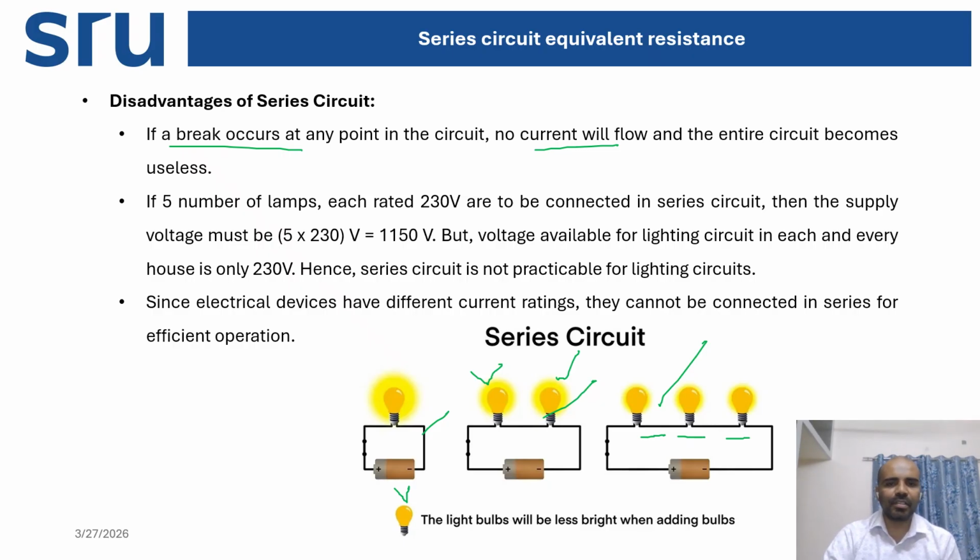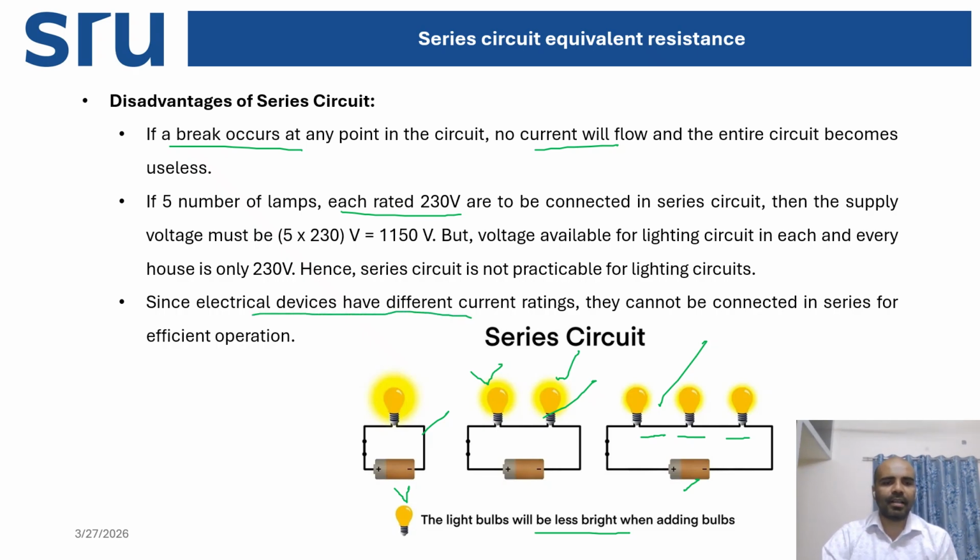As a result, you need to apply more voltage to maintain the glow of the bulbs. If you connect bulbs with a constant rated voltage of 230 volt, then the glow of the bulbs will decrease if you connect all of them in series. So this is one of the major disadvantages of this circuit.